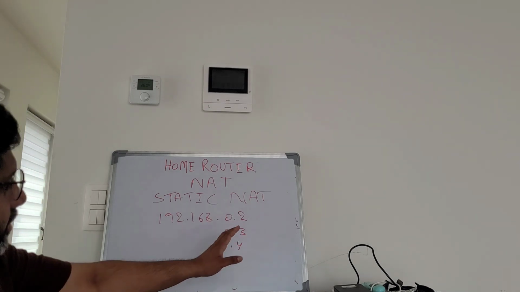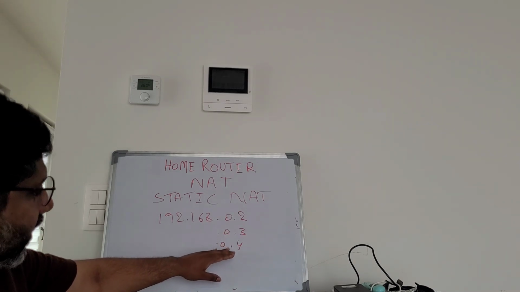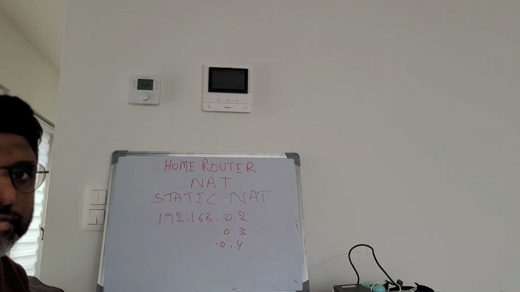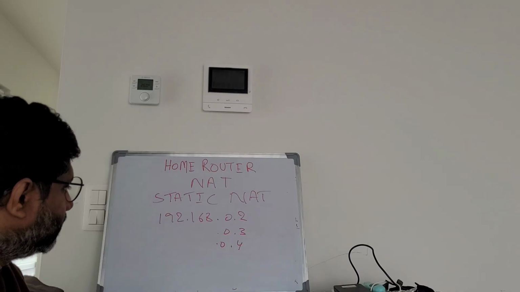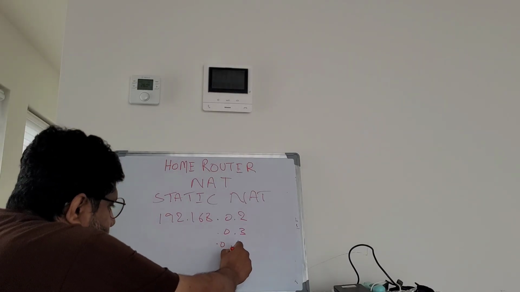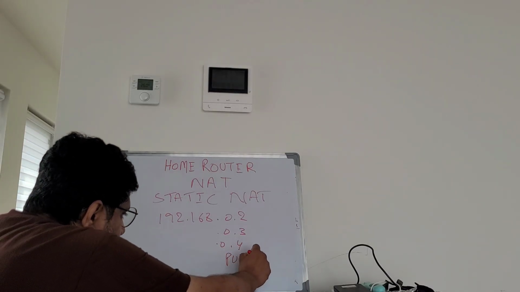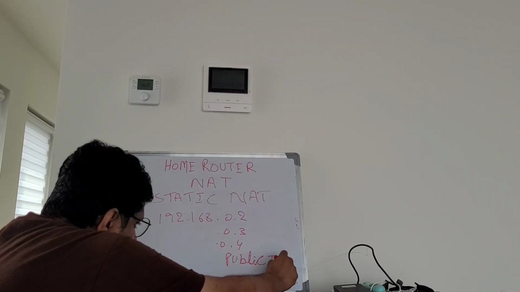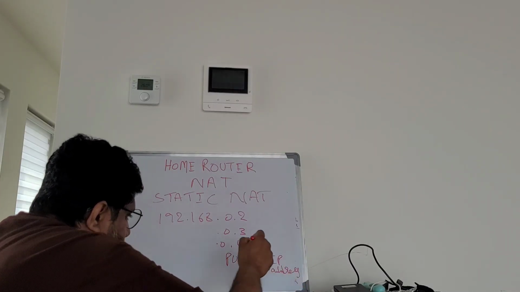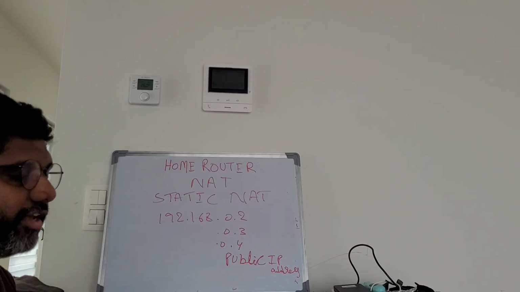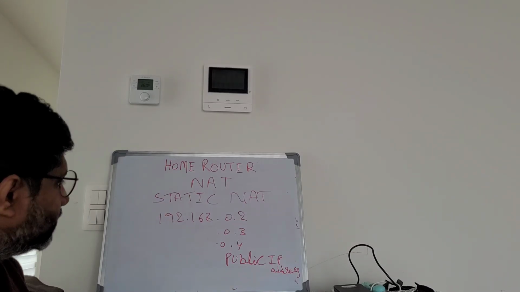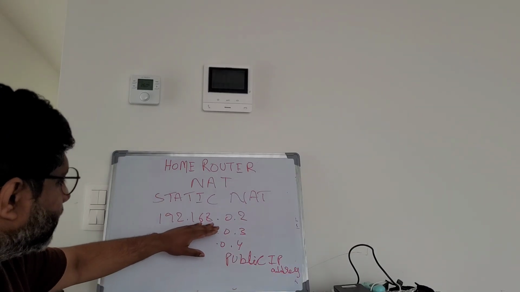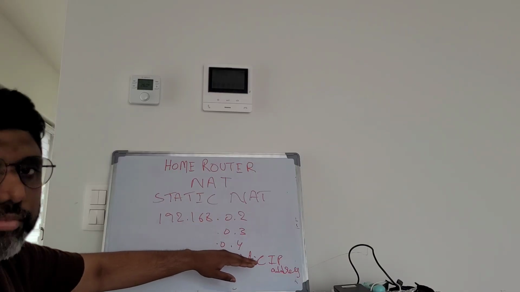Then there is direct mapping of these IP addresses to a public IP address. Right? So there is a static mapping happening from 192.168.0.2 to a public IP address.